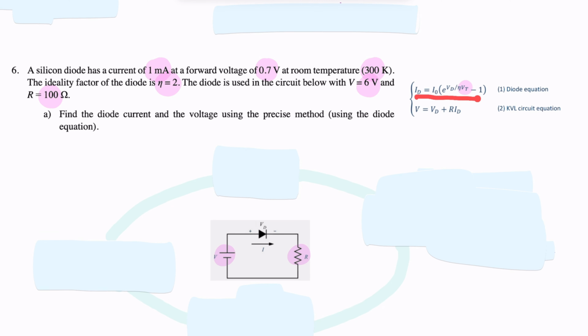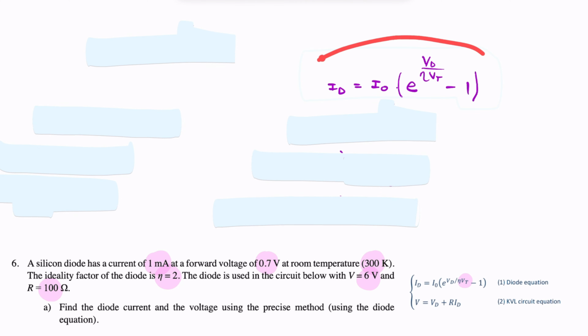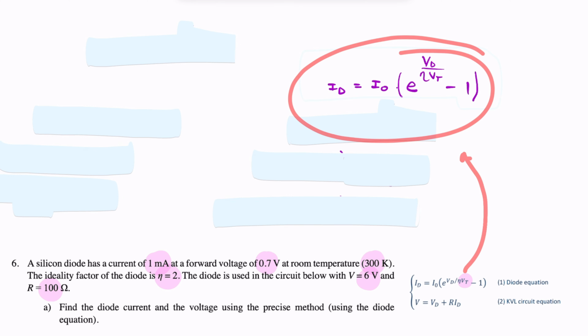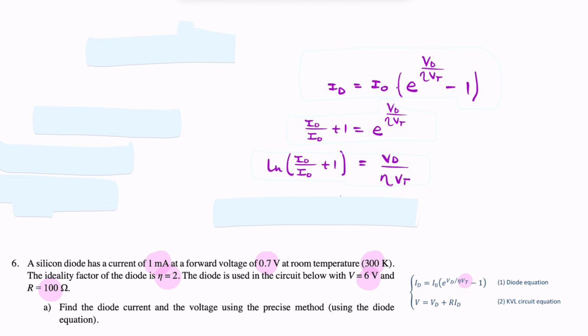I also want to rearrange this to find VD. If I want to rearrange the diode equation to find VD, you would want to divide both sides by I0 and then add 1 to both sides. Then take the natural log of both sides, then multiply by eta VT. Eta is given in the question, and VT we now know to be 0.02588.